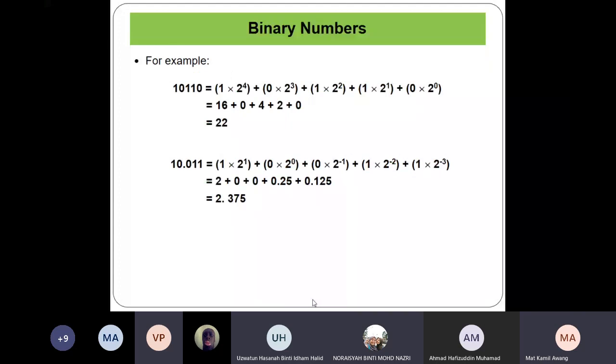Now, for example, if you have a number 10110 and you want to convert it into decimal, you take each position.